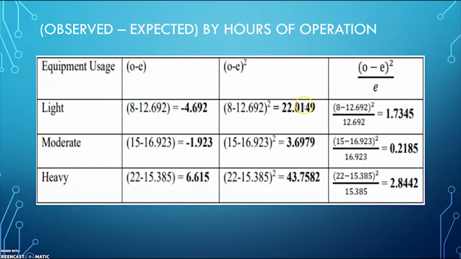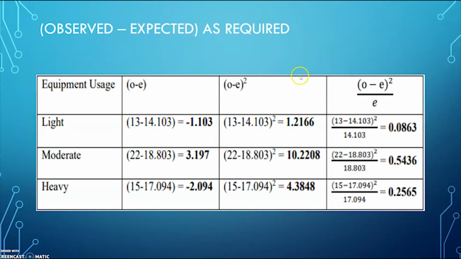We move to column number 2, which is by hours of operation. It is the same formula we apply here, and the value for light is 1.7345, for moderate is 0.2185, and for heavy is 2.8442. And we move to the third column, which is as required.